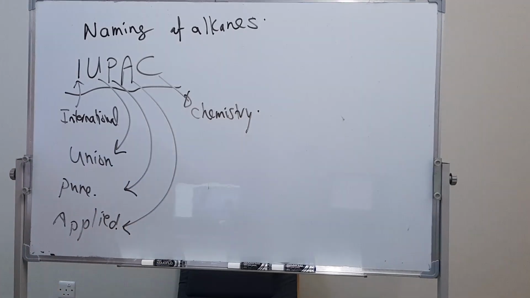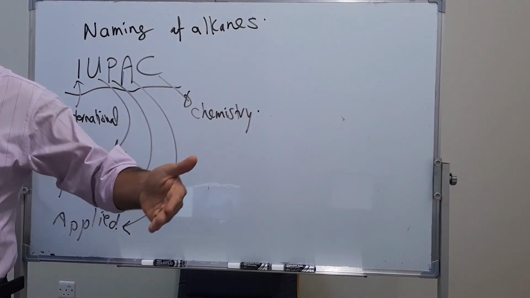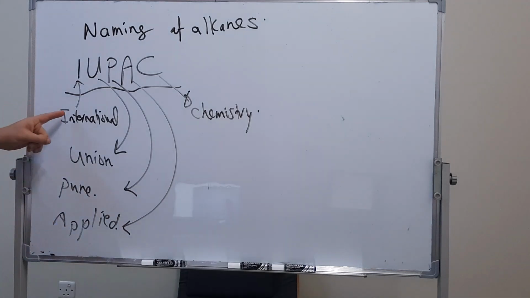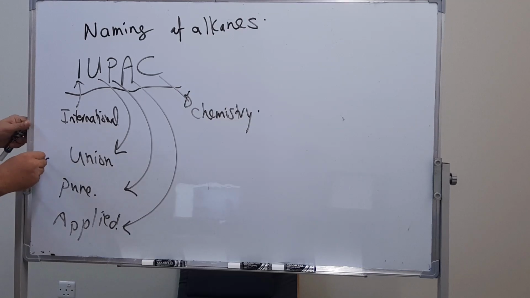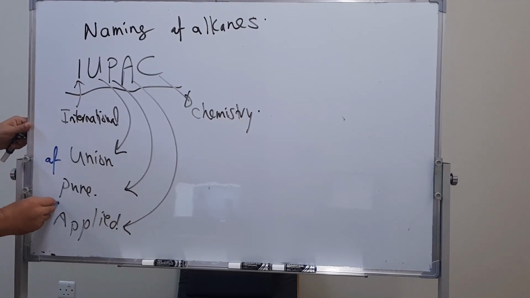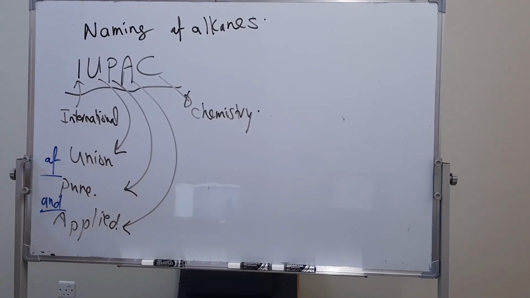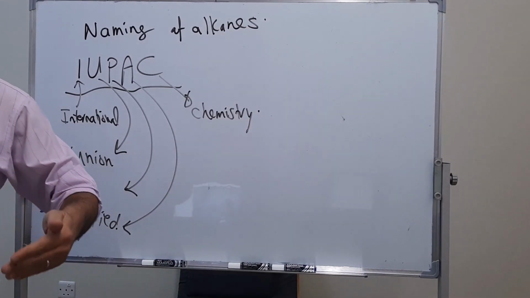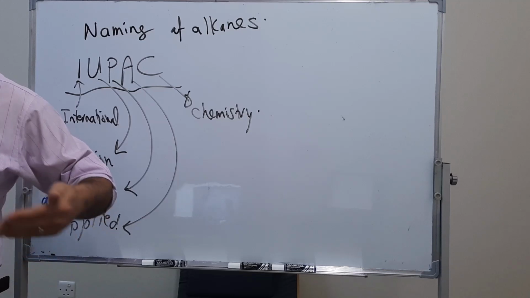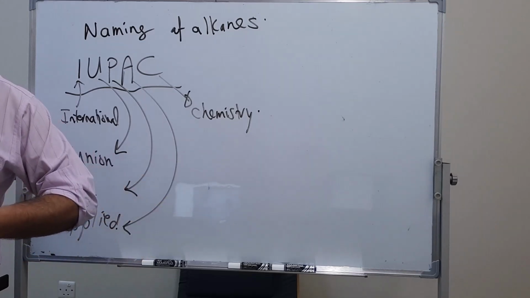This is an international scientific committee all over the world, called the International Union of Pure and Applied Chemistry. This is the committee which is responsible for putting the rules.